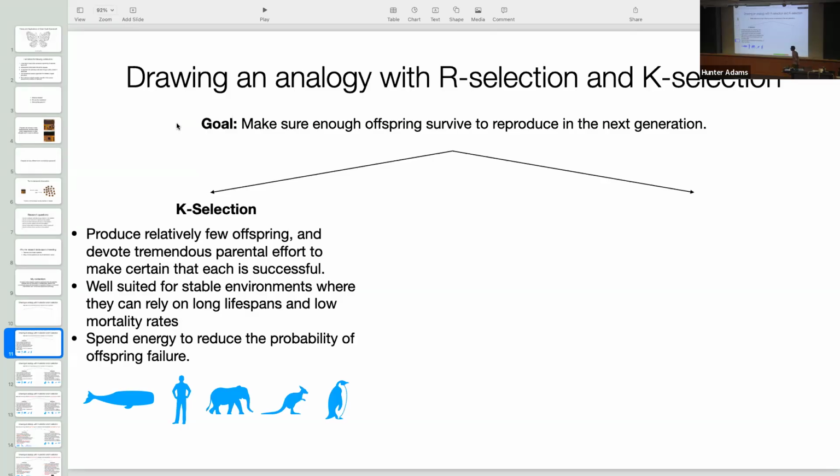And the solution here is you produce relatively few offspring in your lifetime, and you devote a huge amount of time and energy, and in our case money, to trying to make sure that these offspring survive and are successful into adulthood. This, as evidenced by our own existence and by the existence of so many animals that deploy this technique, works really, really well. But it's not the only solution that works really well.